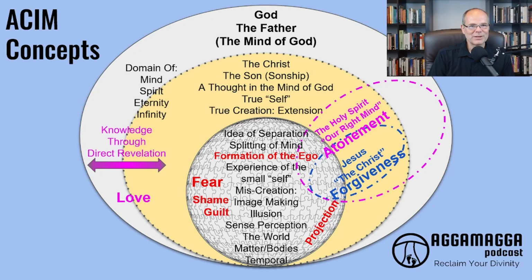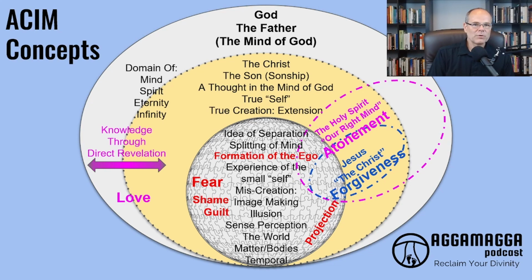Now, there are many, many other things that the Course talks about, different aspects of each one of these things, different ways of working. How do we get through? How do we actually do that forgiveness process? And the workbook lessons, of course, are the mind training process that takes us from the thought system of the ego, this idea of separation and the cause of all the problems we are experiencing in this belief of our separated state, to the thought system of the Holy Spirit, which is our right mind.